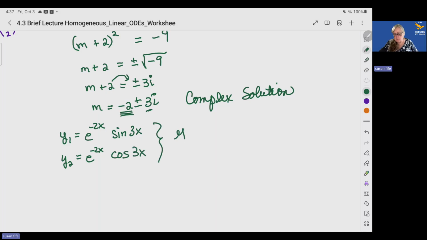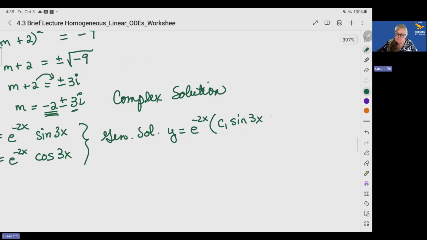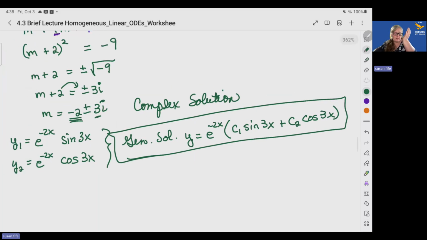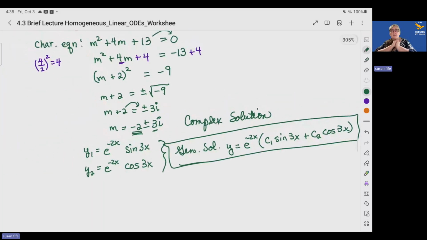And the general solution is, I'm going to factor out the e to the negative 2x to get e to the negative 2x times c1 sine 3x plus c2 cosine 3x. So if you have complex solutions for the characteristic equation, you're going to end up with sines and cosines.